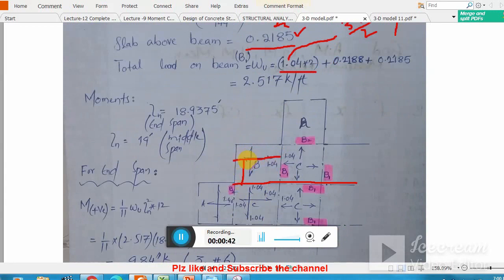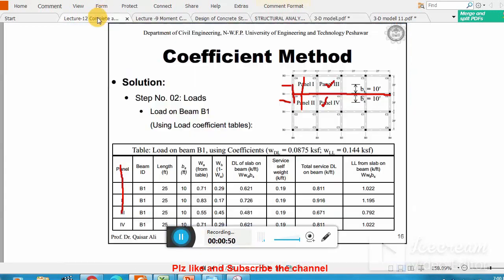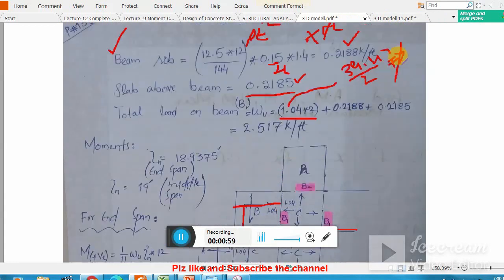So that's why we are dividing that and that. If we're designing this beam, then we have to use this transverse width. Like in the calculation you see here, we are considering the transverse or the supported slab width. So that's why you need to further divide this.